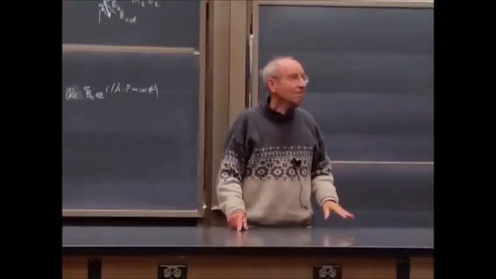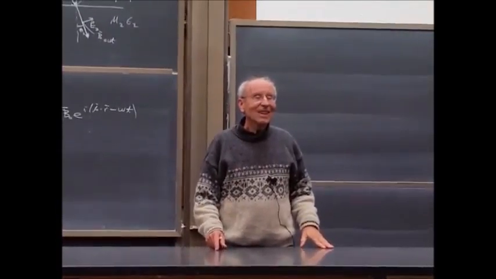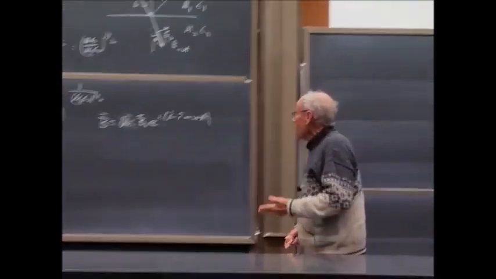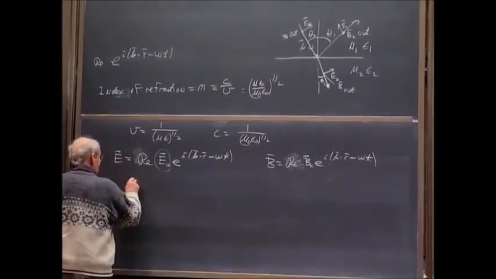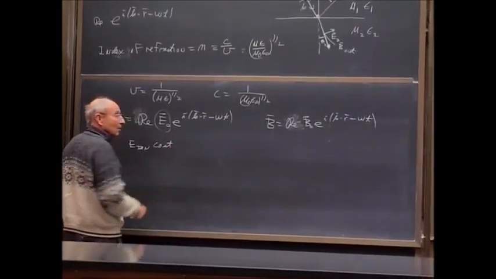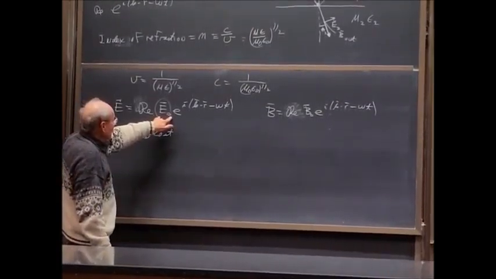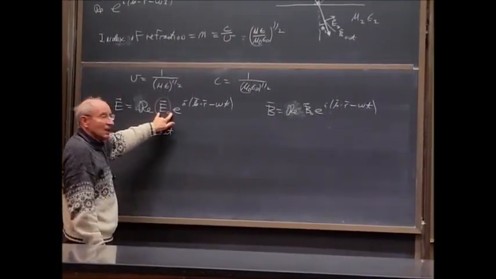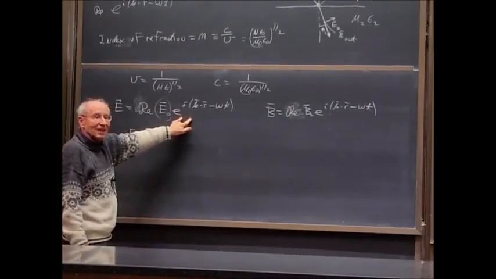Make sense to everybody? Well, I'm going to have some conditions. Suppose, for example, it was E tangential is continuous. That's one of them. It wouldn't make any difference. E tangential is continuous. The vector part of this is contained in that. That's just a number multiplying it.